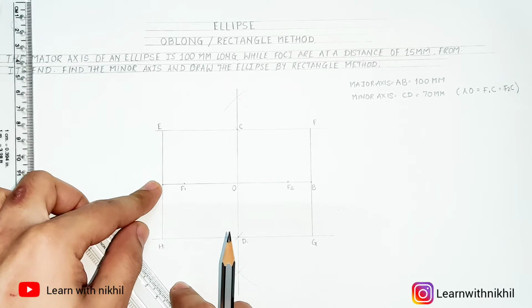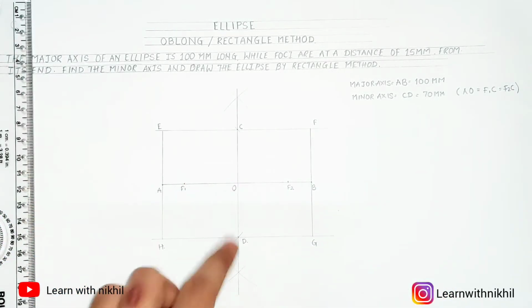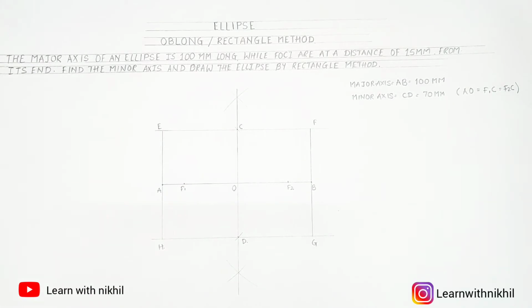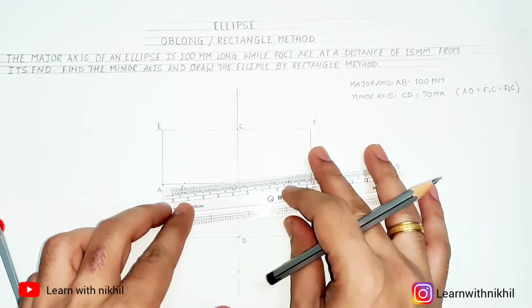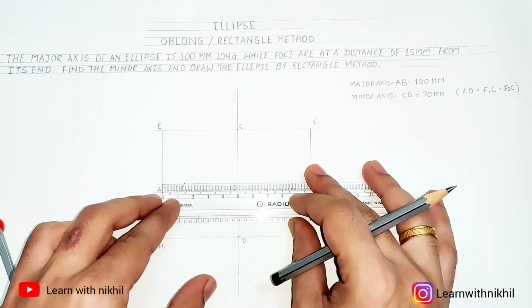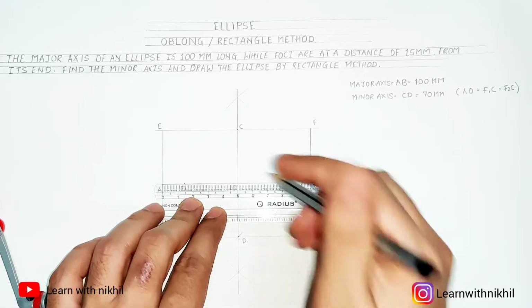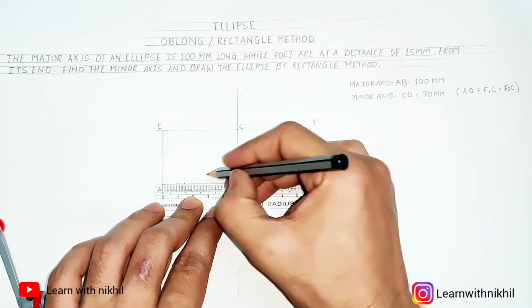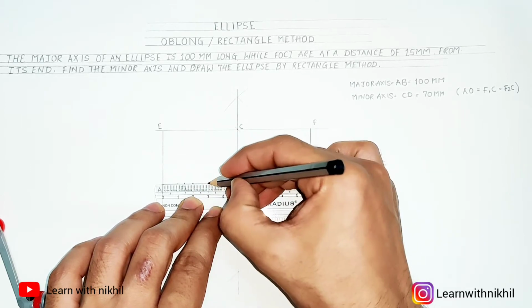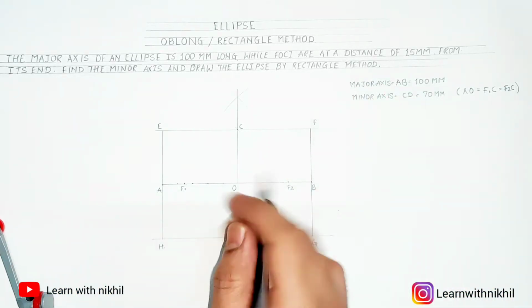So for easy purpose, I'll divide AO into 5 equal parts, as it is already 50 millimeters, so it will be easy to mark 1 centimeter each. So if I am dividing AO into 5 equal parts, I will divide AE also into 5 equal parts.